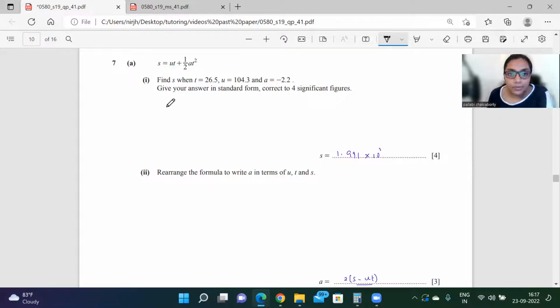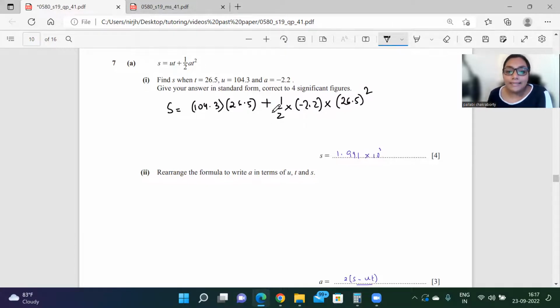So let's substitute. S is equal to U, which is 104.3, multiplied by T, which is 26.5, plus half times A, which is minus 2.2, times T squared, which is 26.5 squared.